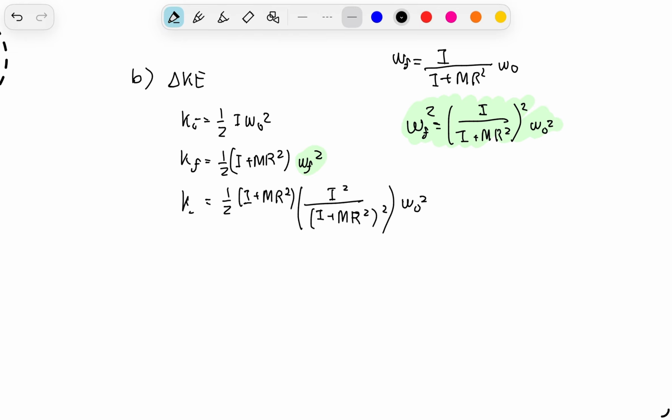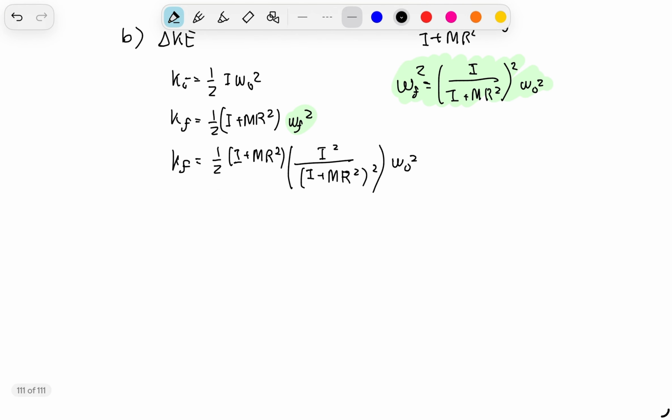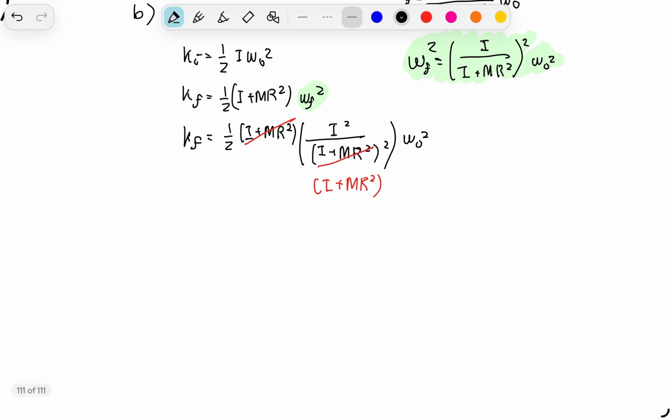So you can cancel out one of these, we're still left with one. So then we have 1/2 times I squared over (I plus mass radius squared), omega initial squared.